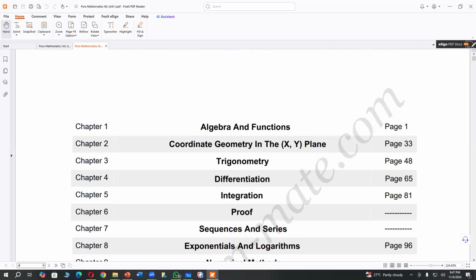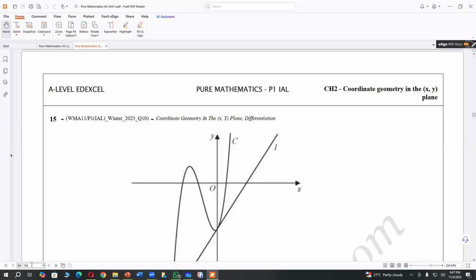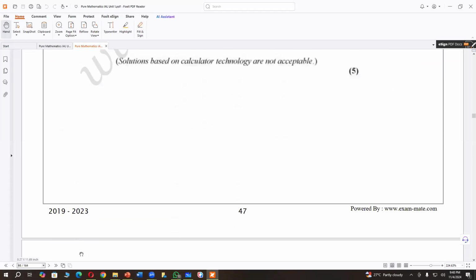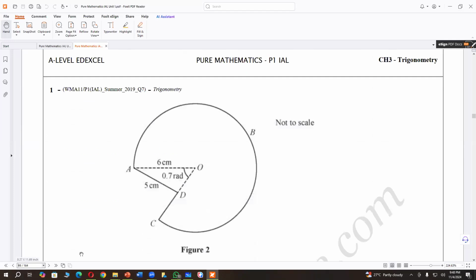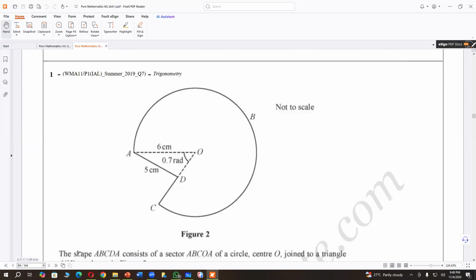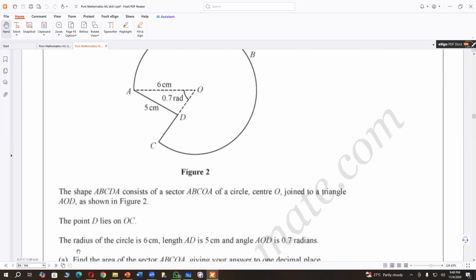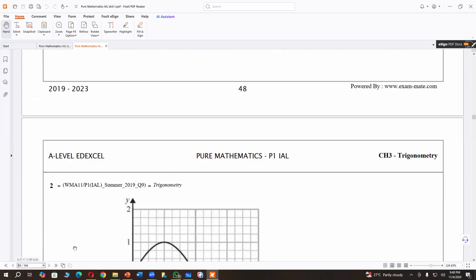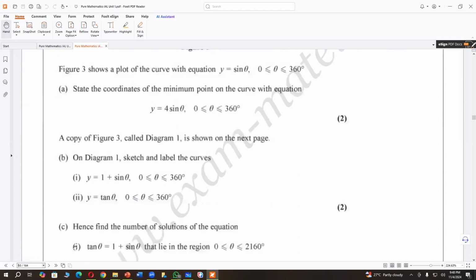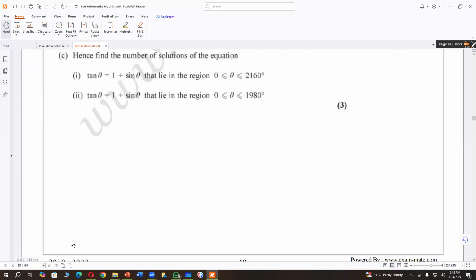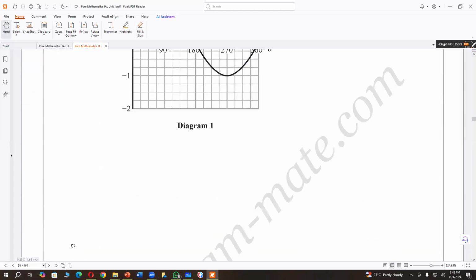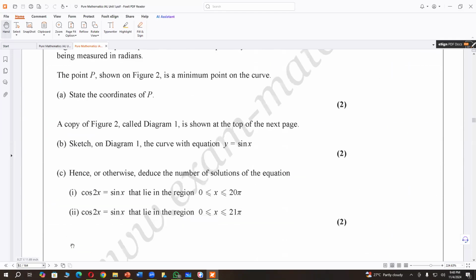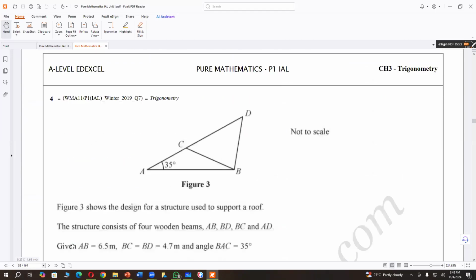If you can open the page number 48. Open the title trigonometry. I am looking for a question.